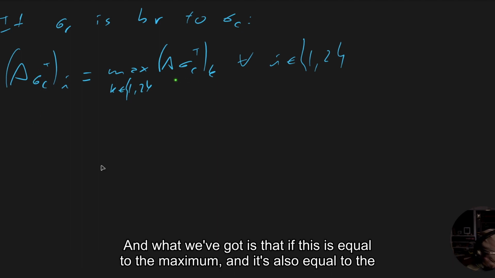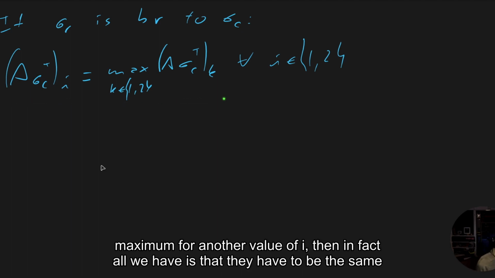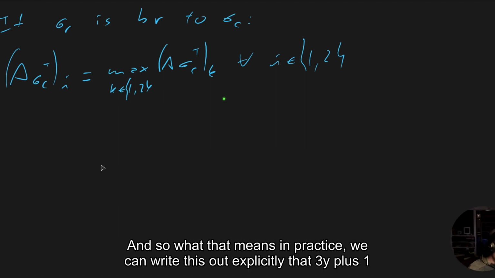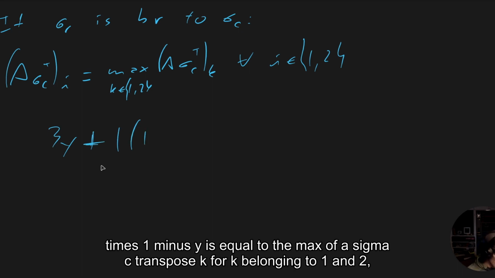And what we've got is that if this is equal to the maximum, and it's also equal to the maximum for another value of i, then all we have is that they have to be the same thing. So, writing this out explicitly, 3y plus 1 times 1 minus y is equal to the max of A sigma_c transpose k for k belonging to 1 and 2.